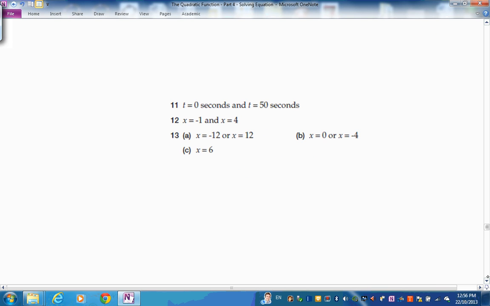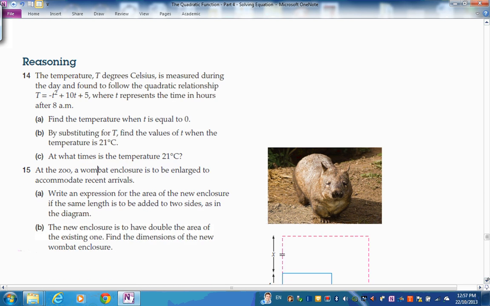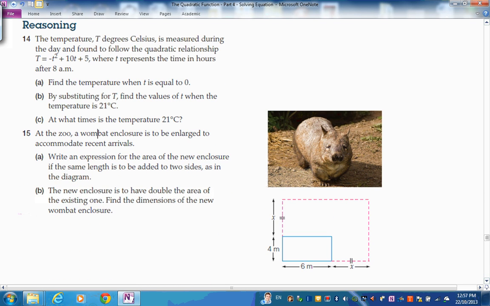And we've got a few more here before we finish up. So here's our reasoning questions, 2 of them there with little pictures. This is a modelling where we're using the quadratic function to describe a practical situation, or we model the situation, mathematical modelling, a mathematical description of a practical situation. Okay, let's look at the answers to those then.